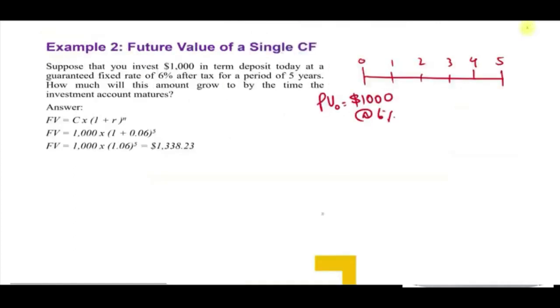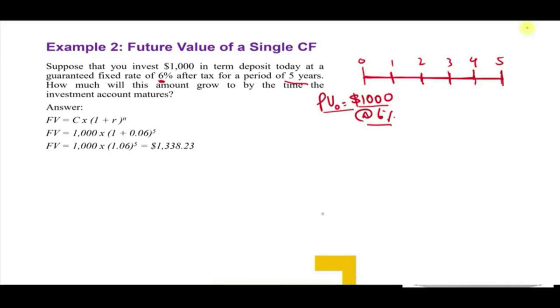Here is a situation. Suppose that you invest $1,000. It means $1,000 is your present value. Invest means you are doing it today, right? Today at a guaranteed fixed rate of 6% interest for a period of 5 years. So we will have periods 1, 2, 3, 4, 5, with the start and end of each period.